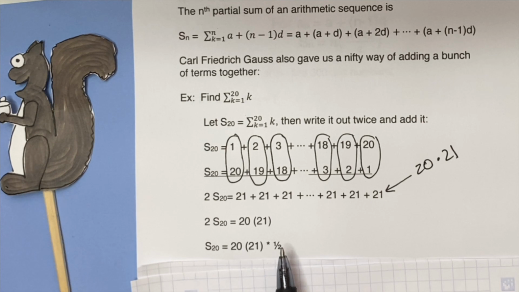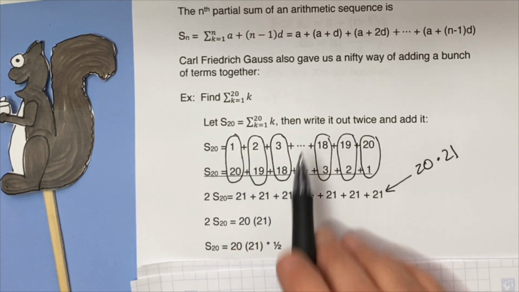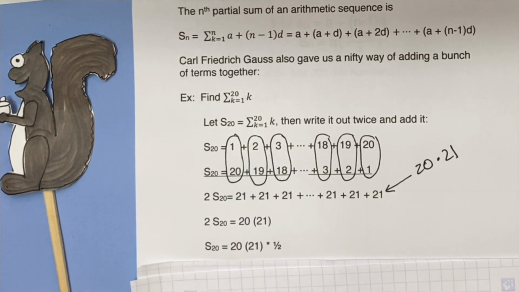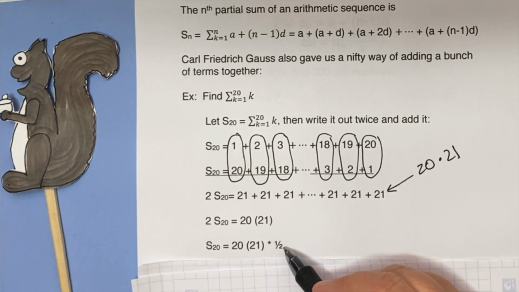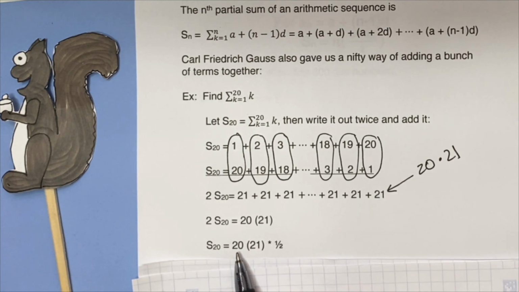So adding the 1 plus 2 plus 3 plus 4 plus 5 plus 6 plus etc., 18 plus 19 plus 20, we just have to multiply 20 times 21 and then take half of that, which is pretty cool. Now, some people are like, well, what if we get a fraction? That wouldn't make any sense. Well, take a look here.